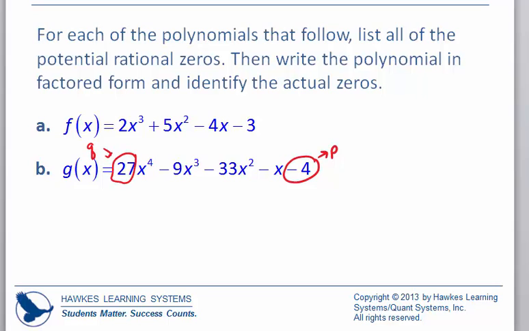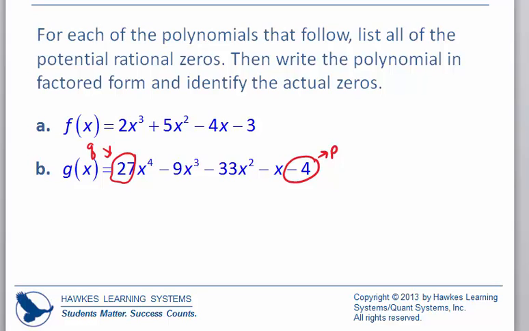So our problem is 27x to the 4th minus 9x cubed minus 33x squared minus x minus 4. We've identified the P value as negative 4 and the Q value as 27.